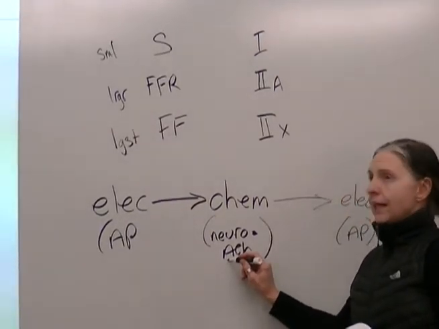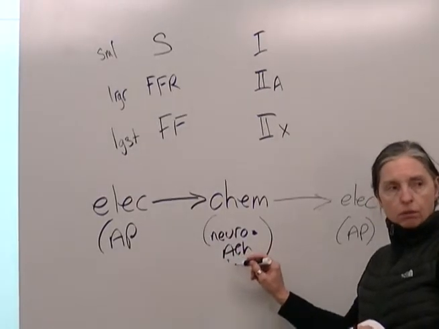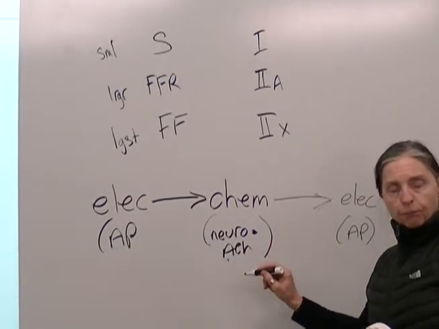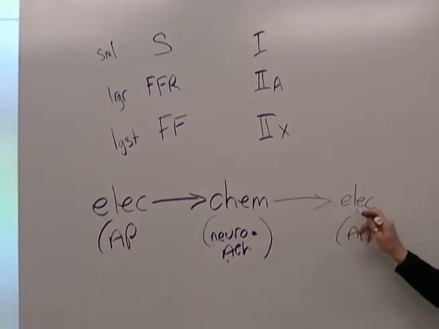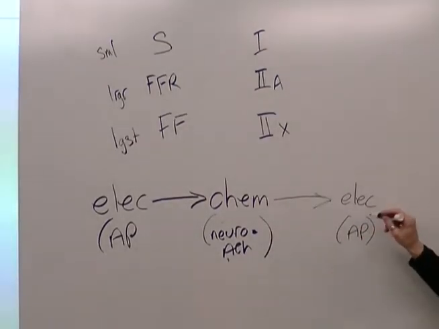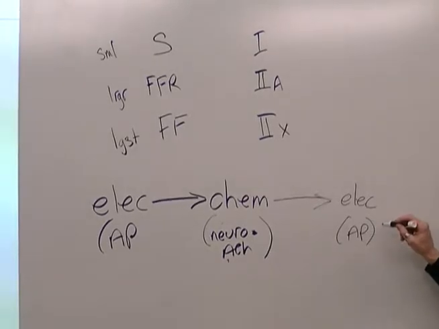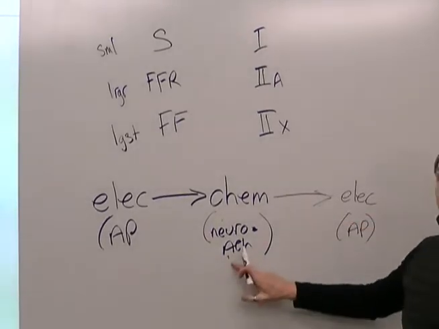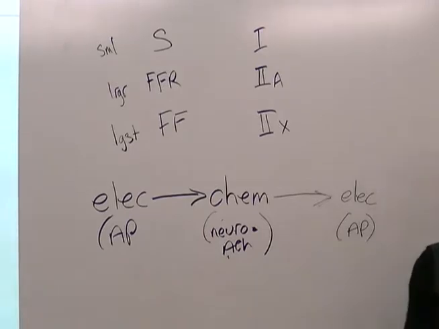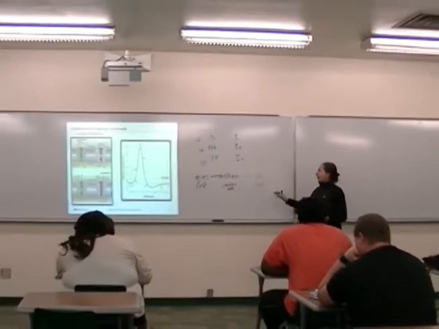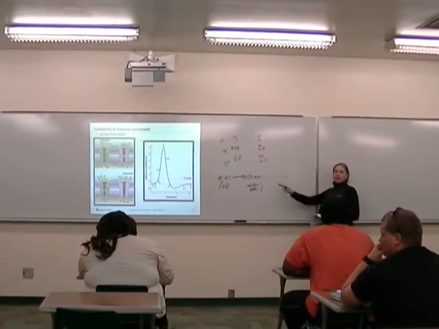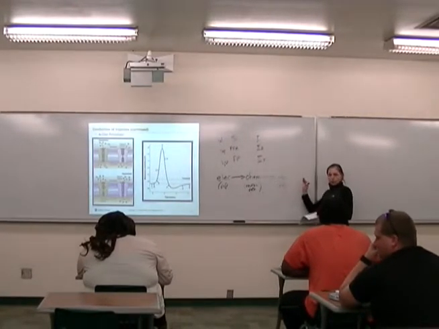ACH is an excitatory neurotransmitter because it stimulates a depolarization in the muscle that causes contraction. There are neurotransmitters that are inhibitory rather than excitatory, and they prevent an electrical charge from occurring on the other side.